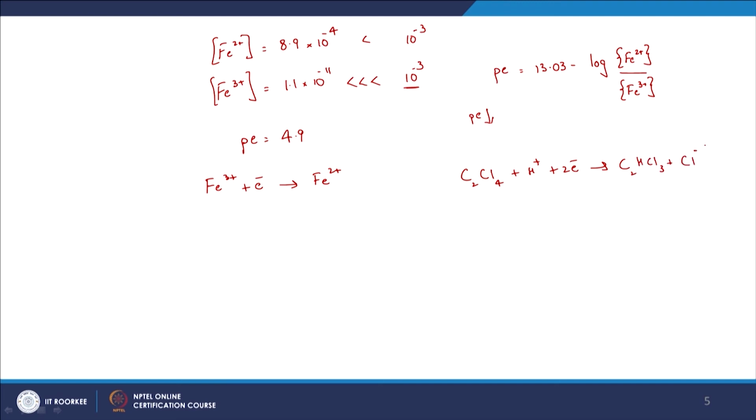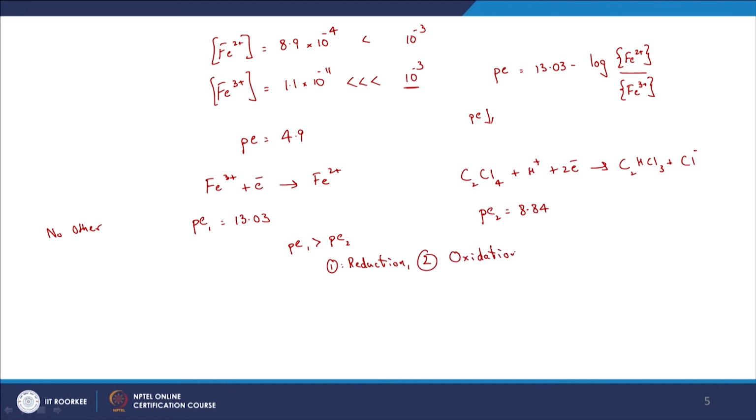When we considered no other reactions, we had a pE for this half reaction of 13.03, and for this one I believe pE2 was 8.84. Because pE1 was greater than pE2, what does that mean? It means that 1 will go through as reduction, while 2, or this half reaction, will be the oxidation one.